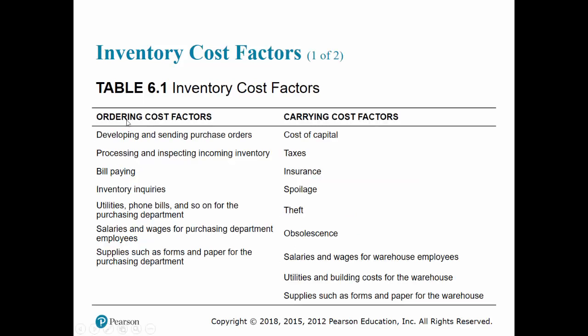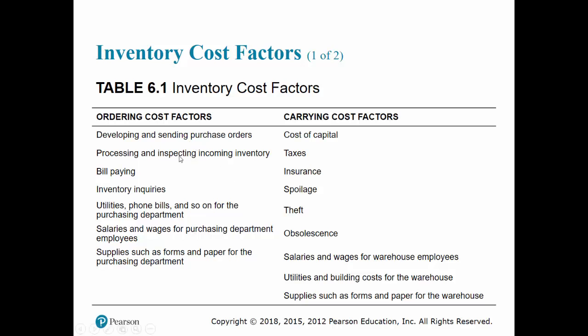So what are the factors that go into the cost of placing an order? Here is the list of items. I won't read them one by one, but these are costs that are related to preparing an order, contract, receipt of material, inspection, quality control, those kinds of things, and also overhead in terms of salaries and building maintenance and so on.